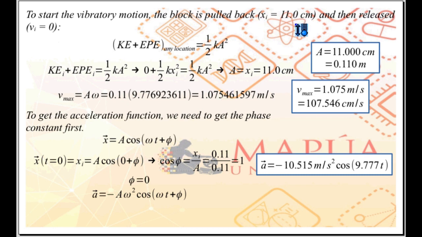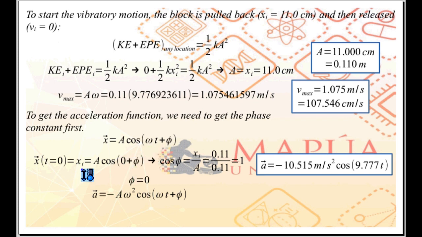We know the initial position x initial, and initial speed v initial. So the initial case is known to us. Let's set the time to initial time, so let t be equal to 0. At t equal to 0, x is just equal to x initial, and omega t is 0.